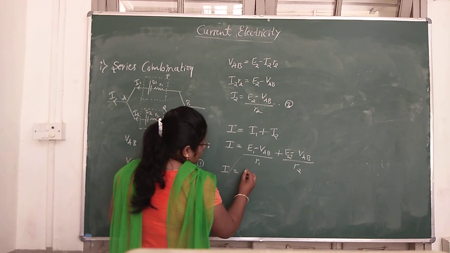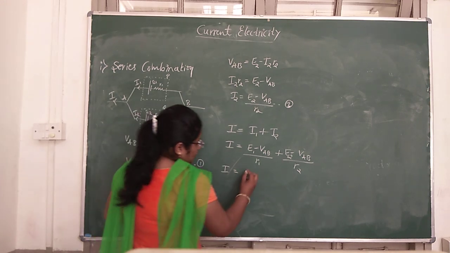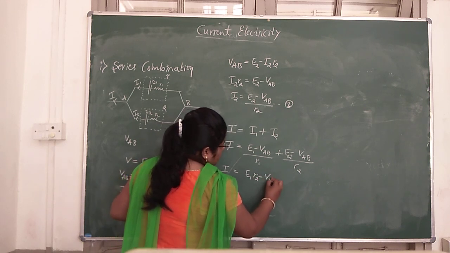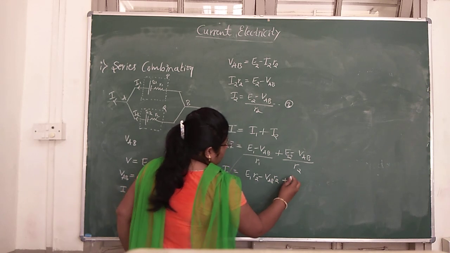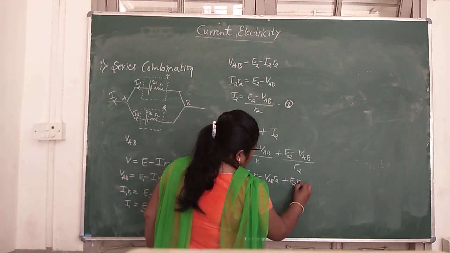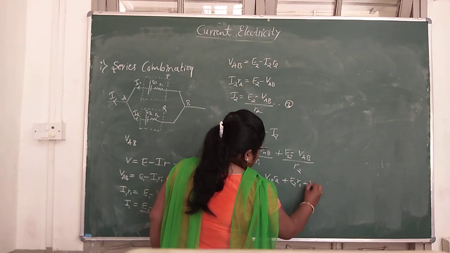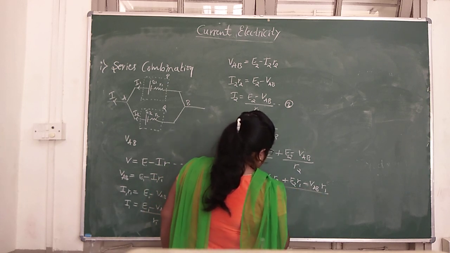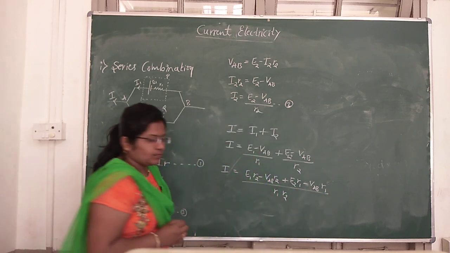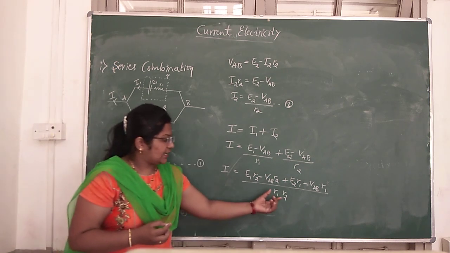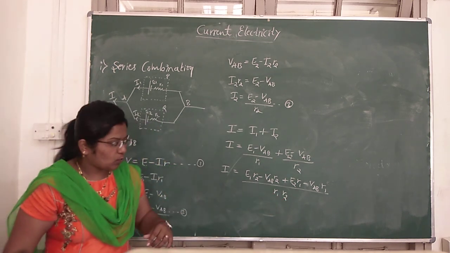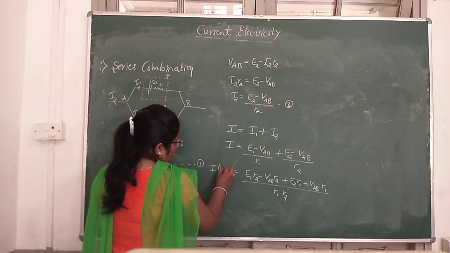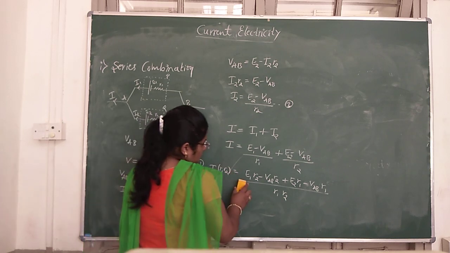I is equal to, LCM is R1 R2, E1 R2 minus VAB R2 plus E2 R1 minus VAB R1, whole divided by R1 R2. Now I am taking this R1 R2 to this side, so the equation becomes I into R1 R2 is equal to this whole term.